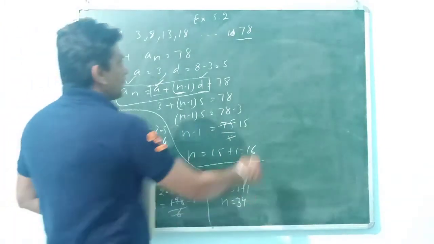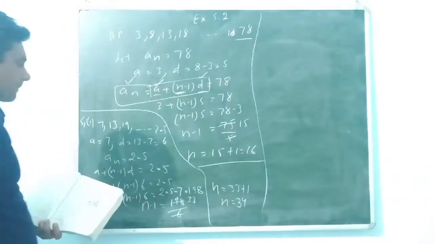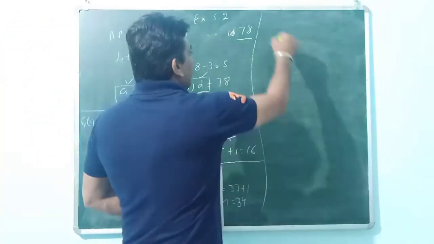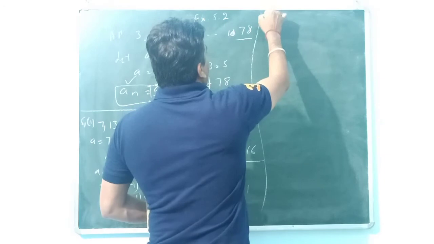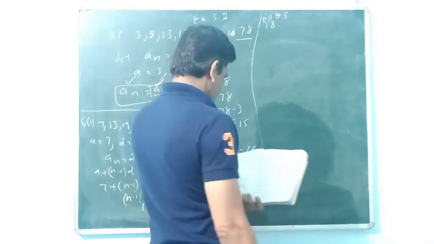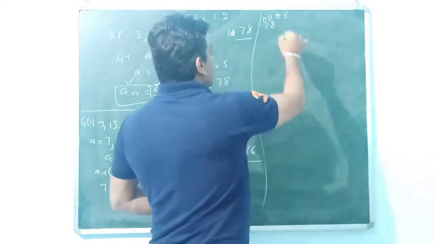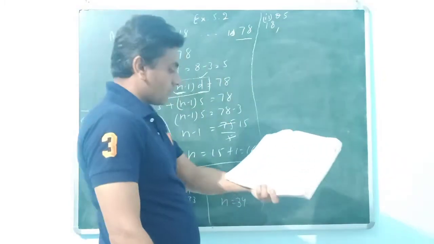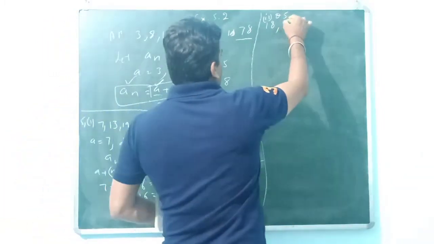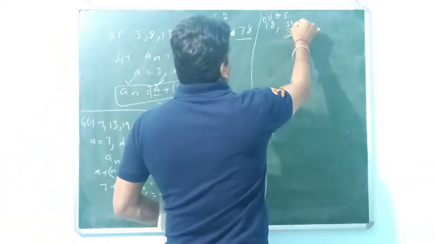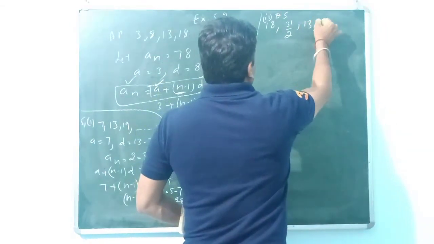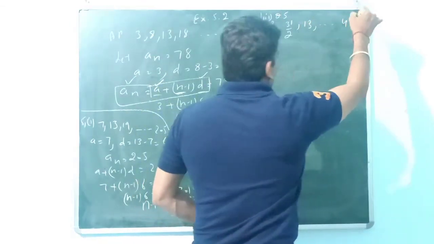Move to the second part. Question number 5: 18, 15 and 1 by 2, that is 31 by 2, 13, ..., 47.